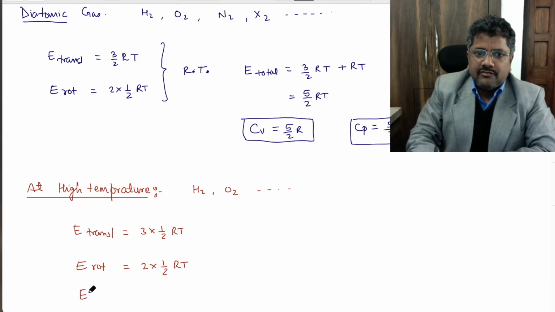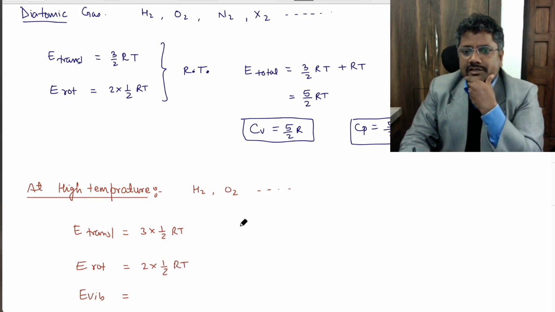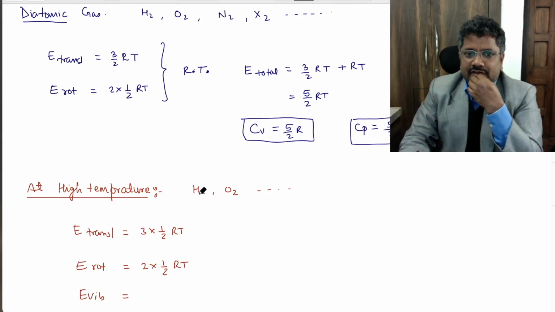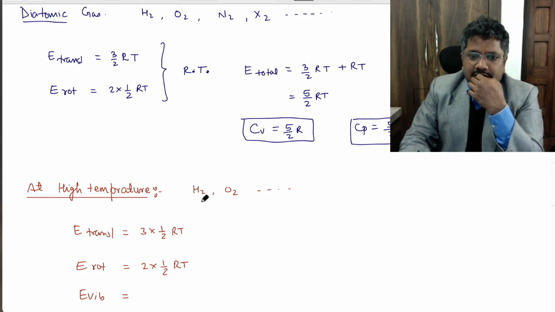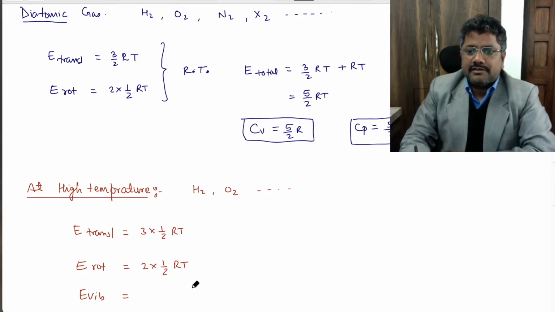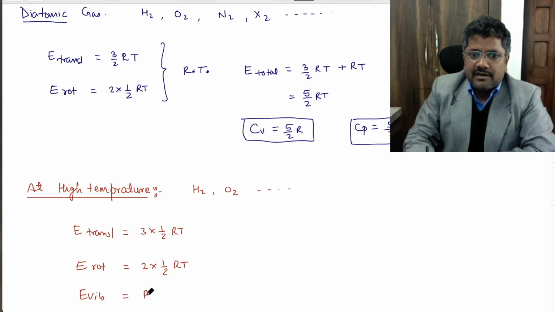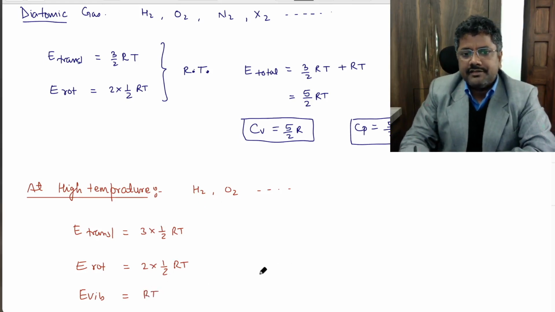And E vibrational, if you are including vibrational, what is the degree of freedom? 3N minus 5, that is 6 minus 5, means 1 RT, right? You know vibrational will contribute RT.